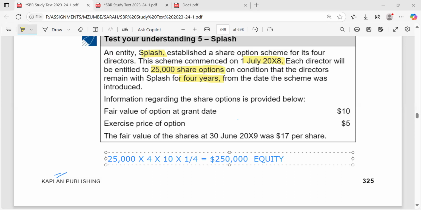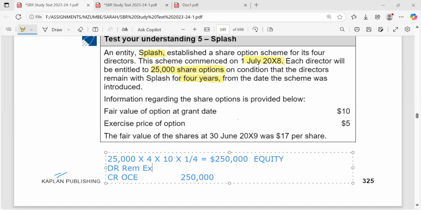Equity. All right. So since this would be the equity, we can make the double entry. I would say credit equity, or we just say other components of equity, which is 250,000 here, right? And then we come here and debit the expense, which they call the remuneration expense in the income statement, which is usually taken this way.